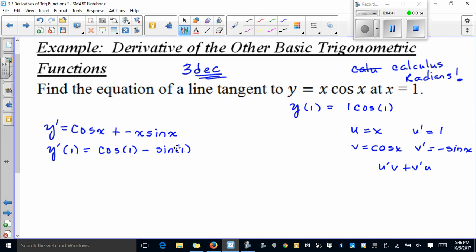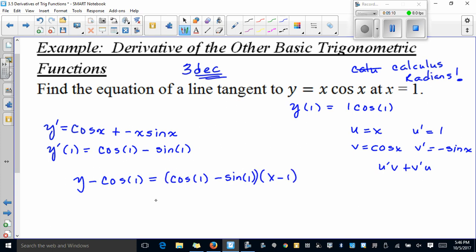So this is going to be y minus my y value, which is cosine at 1, equals my slope, which is here, cosine of 1 minus sine of 1, times x minus 1.